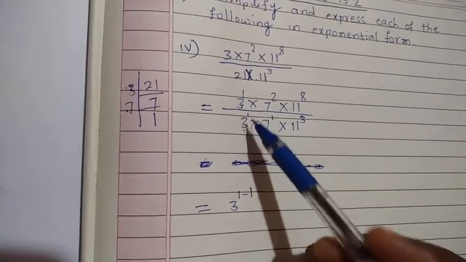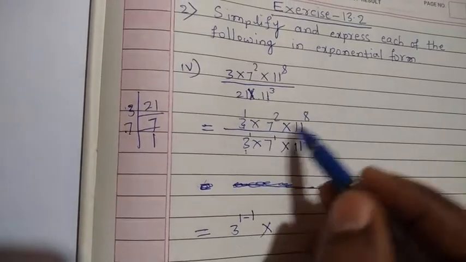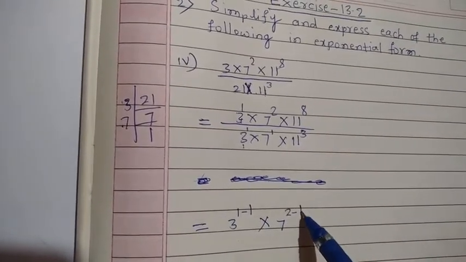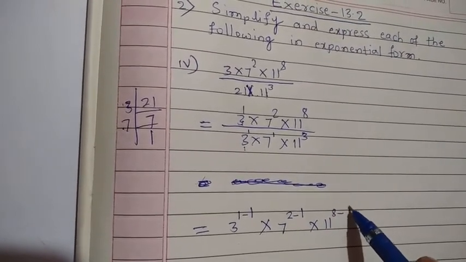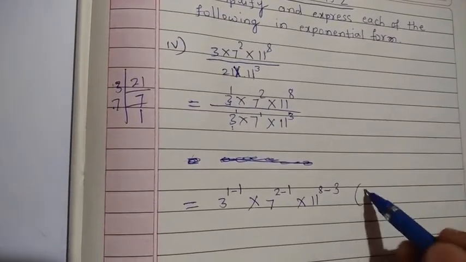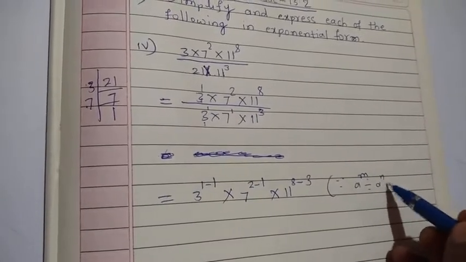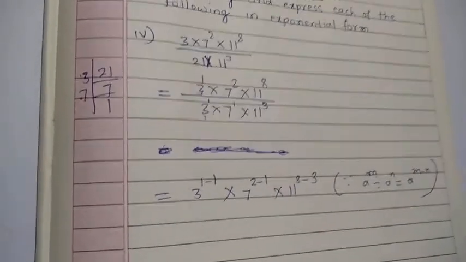I mean 3 raised to 1 divided by 3 raised to 1 is 3 raised to 1 minus 1, both being the same. 7 raised to 2 minus 1, and 11 raised to 8 minus 3. Here we have to write the reason: because a raised to m divided by a raised to n is equal to a raised to m minus n.